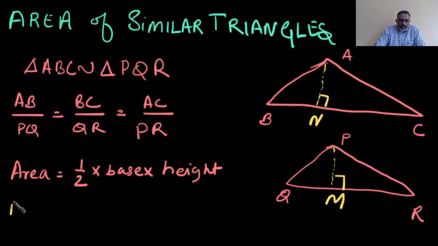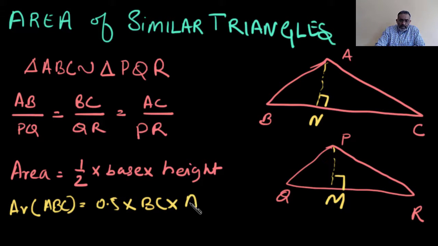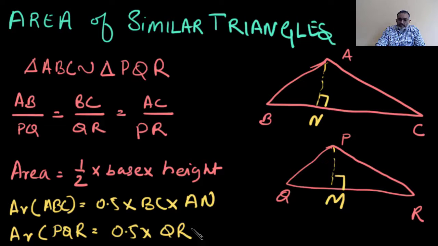Now the area of triangle ABC would be 0.5, or half, multiplied by base BC times height AN. And similarly, the area of PQR is 0.5 times QR times PM.